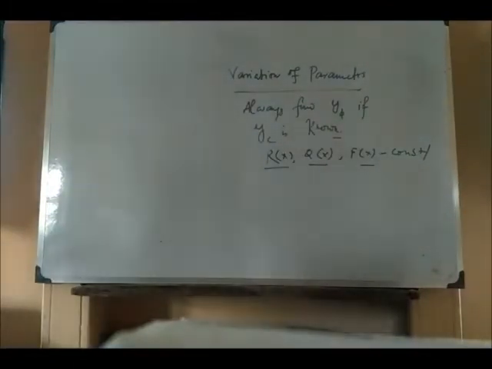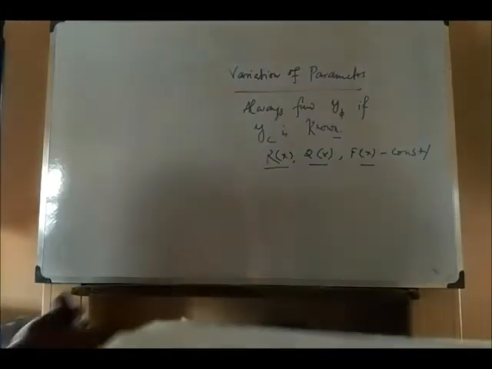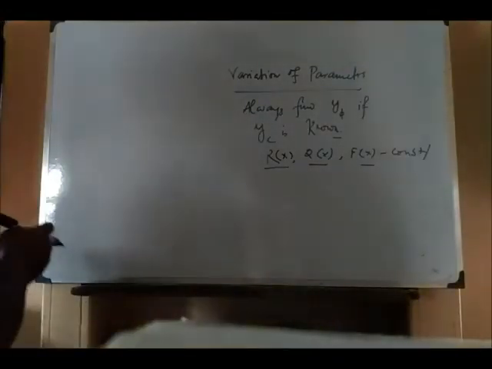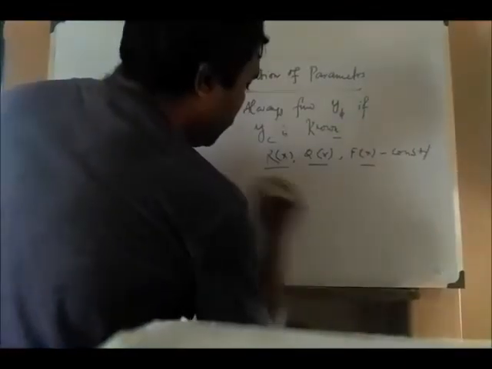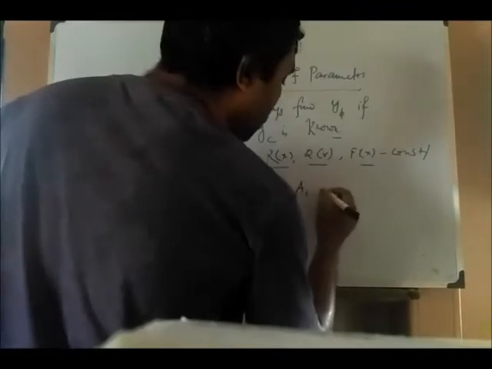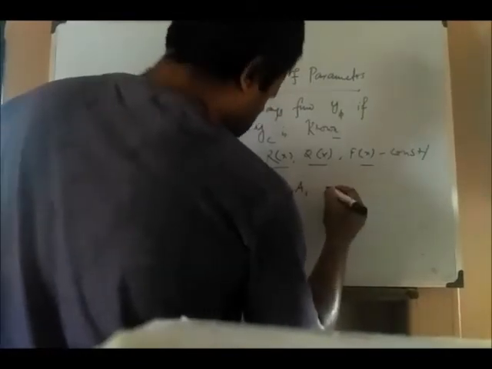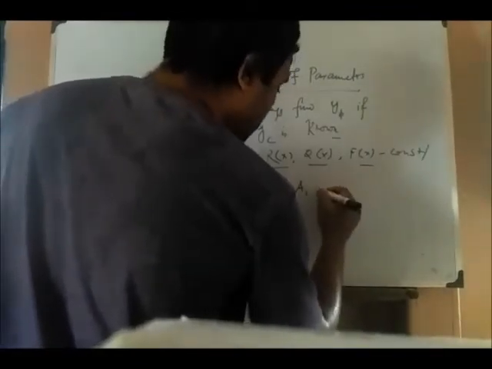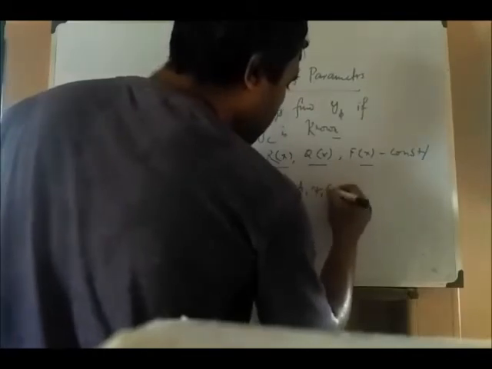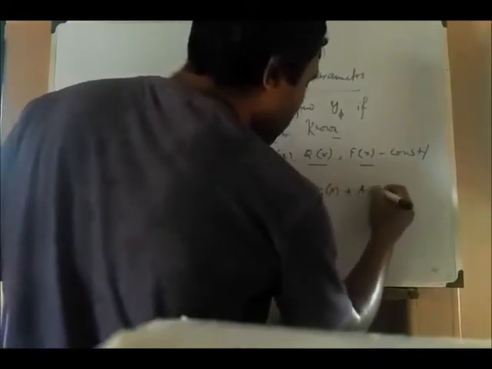Now we know that in this case, after application of variation of parameters, we reach a solution where the complementary function yc is a1 psi 1 x plus a2 psi 2 x.